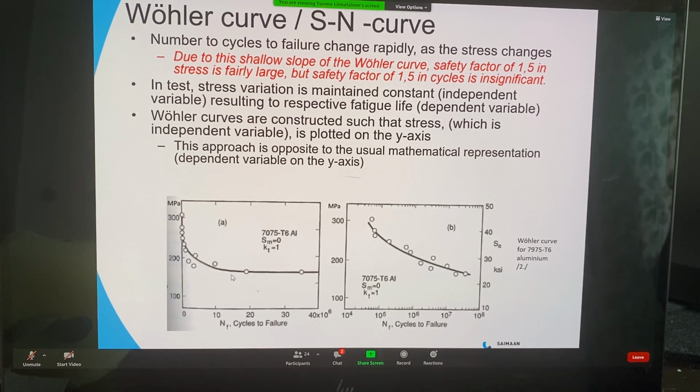In the Wöhler curve, we have the defined variable, which is the stress level, that is defined for each test set, and the result, which is the scatter, is on the x-axis. And the reason for this is purely that Mr. Wöhler decided this approach, and it has been used since. But if you look at the mathematics or physics in other fields, usually the dependent variable is written on the y-axis. It's just good to know that in the Wöhler curve it's the other way round than in many other fields of engineering and science.